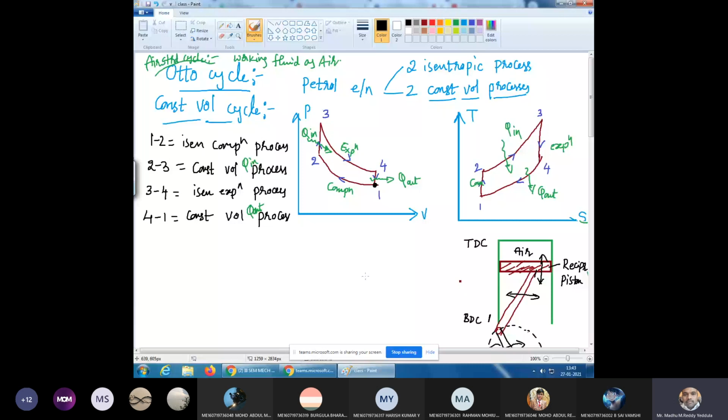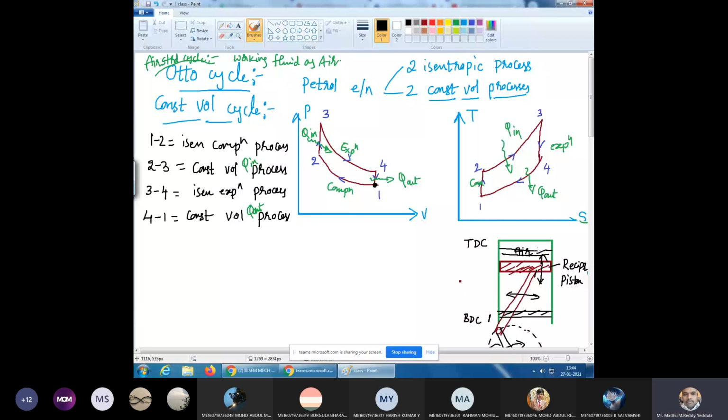During 1 to 2, at state 1 the piston is here. This is the bottom dead center. Initially the piston is at the bottom dead center, after the suction. Now when the piston moves in the upward direction, due to the compression, the pressure and temperature of the air will increase. So this is state 2. This is the top dead center, the maximum possible position.